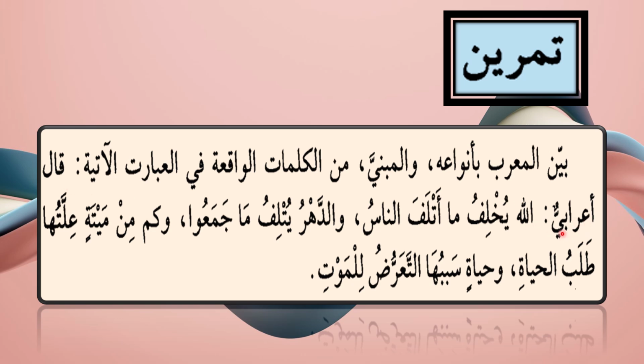So an Arab poet or someone said, الله يخلف ما أتلف الناس والدهر يتلف ما جمعوا وكم من ميت علتها طلب الحياة وحياة سببها التعرض للموت. So now you need to find out the nouns which are mabni and mu'rab.